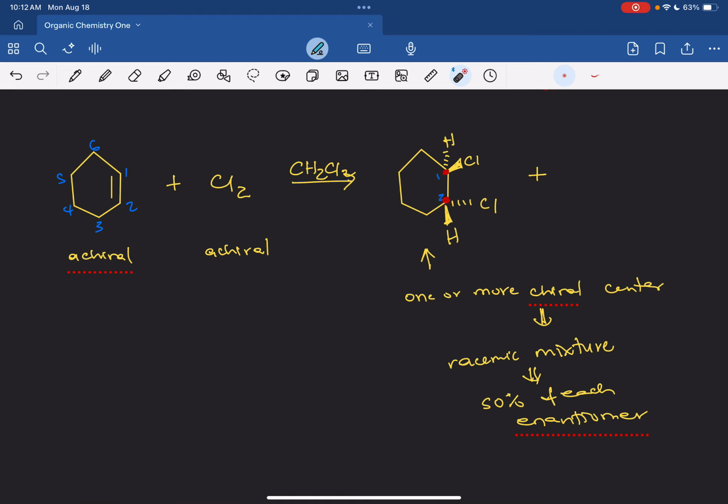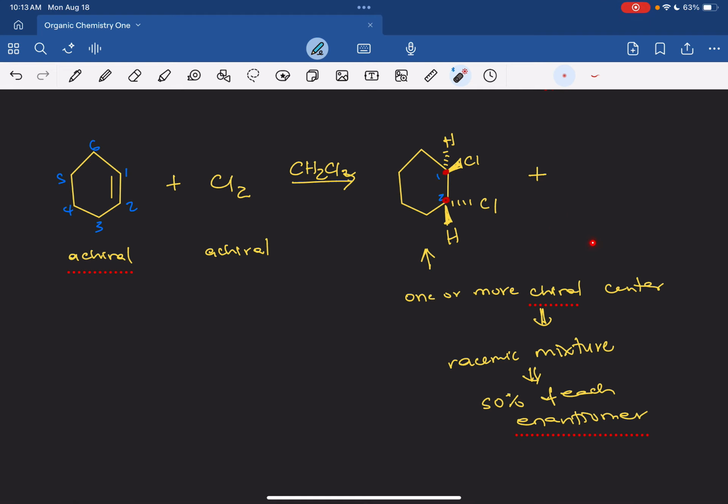Remember how you draw your enantiomers? If you don't remember, go back to my videos on stereoisomers. So this is how you get your other enantiomer. This is one enantiomer.